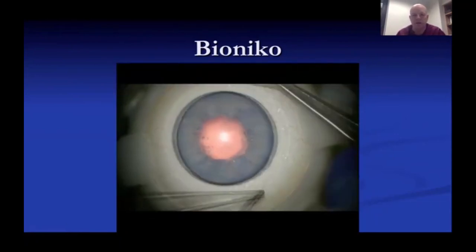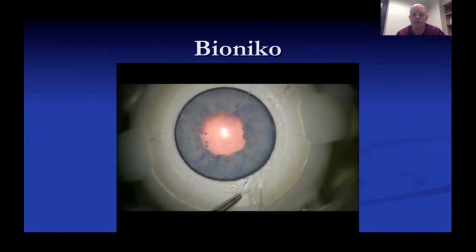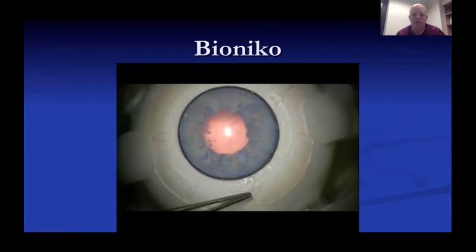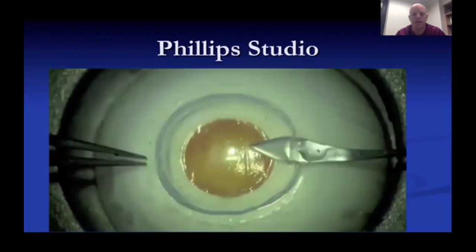On this module, we're able to teach iris suturing. So there's some really interesting stuff. And some of these model systems can be used over and over. This iris suture model from BioNico can be used multiple times. So it's really great stuff that's available to us now.